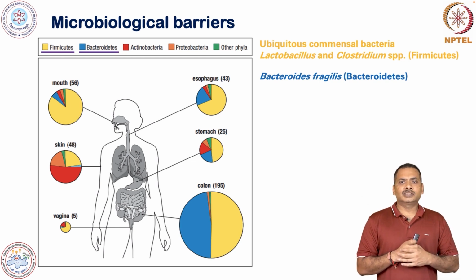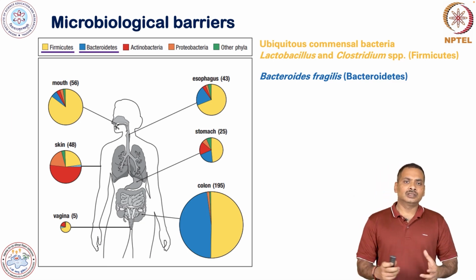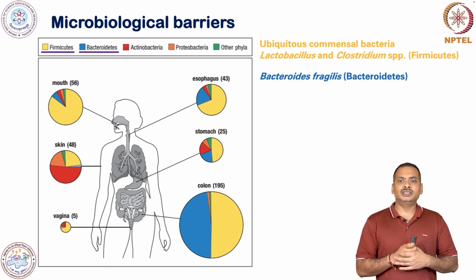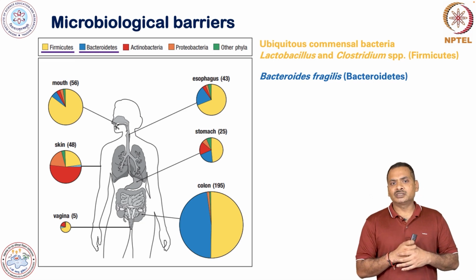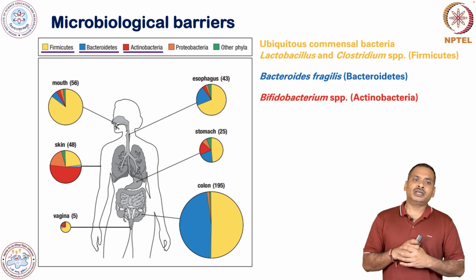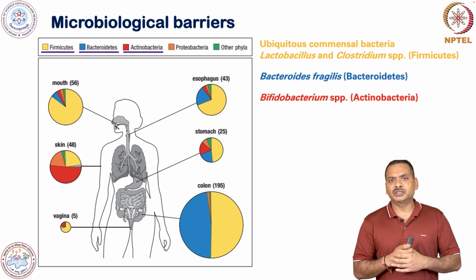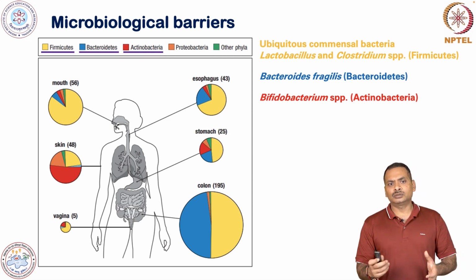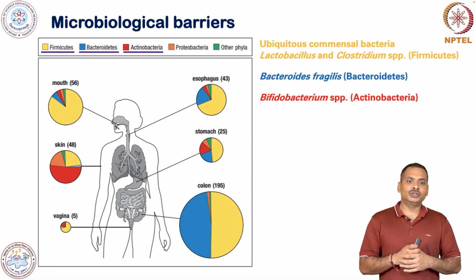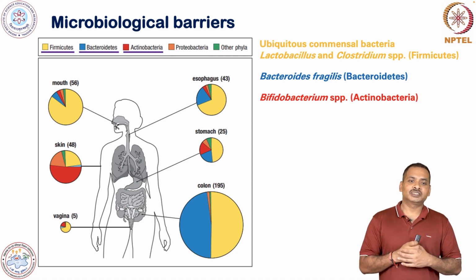Another is Bacteroides fragilis, which constitutes another big mass of bacteria, the Bacteroidetes. The third one is Actinobacteria, which are Bifidobacterium species, also present in quite a good amount. If you see very carefully, they are present in huge numbers on the skin.